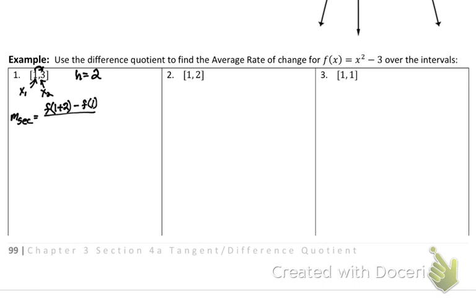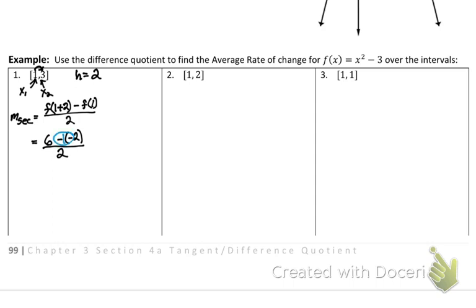On the bottom, we just need h. Okay, let's keep pushing forward. F of 3, if I plug 3 in there, that'd be 3 squared minus 3, which is going to give me 6, minus f of 1. 1 squared is 1, minus 3 is negative 2, so we have 6 minus a negative 2, all over 2.